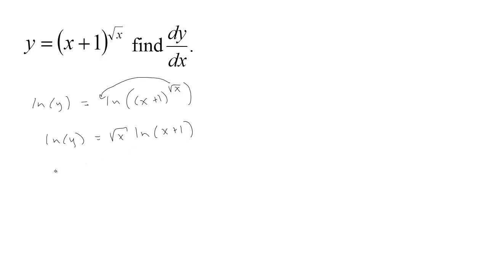So if I take the derivative of both sides with respect to x, the derivative of the natural log of a function is the derivative of the inside over the inside. The derivative of the product would be the derivative of the first, which would be 1/2 x to the negative 1/2 times the second, plus the first, which is the square root of x, times the derivative of the second. The derivative of the natural log of a function is the derivative of the inside over the inside.